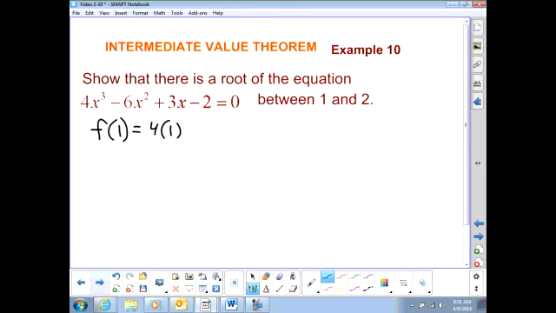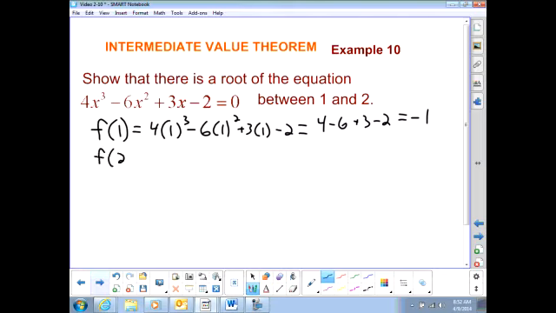So we'll have 4 times 1 cubed minus 6 times 1 squared plus 3 times 1 minus 2. 1 cubed is 1 times 4 is 4. 1 squared is 1 times negative 6 is negative 6. 3 times 1 is 3. And then we'll have minus 2. This is really a positive 7 minus 8, so f of 1 will equal negative 1.